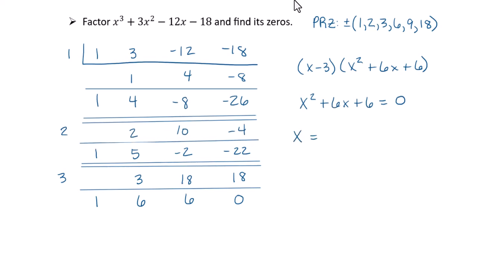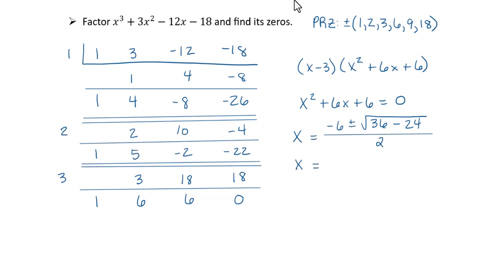So x is negative b plus or minus the square root of b squared minus 4 times a times c, all over 2 times a.